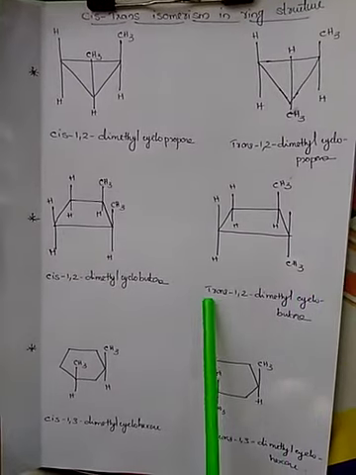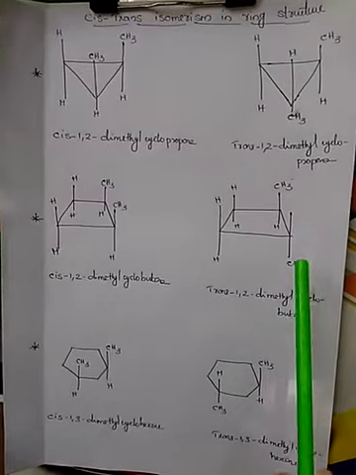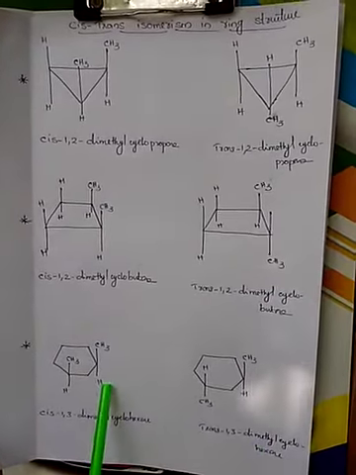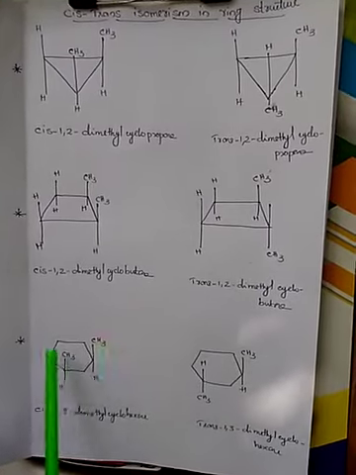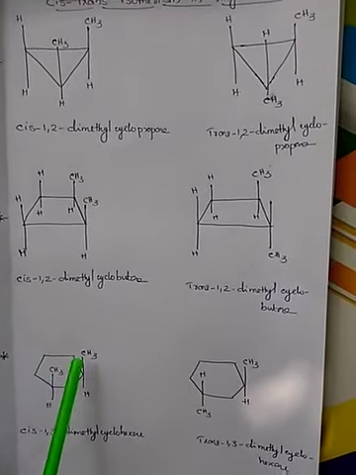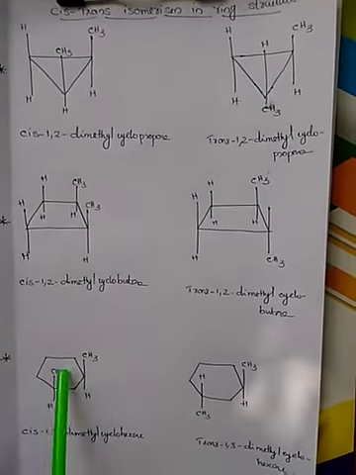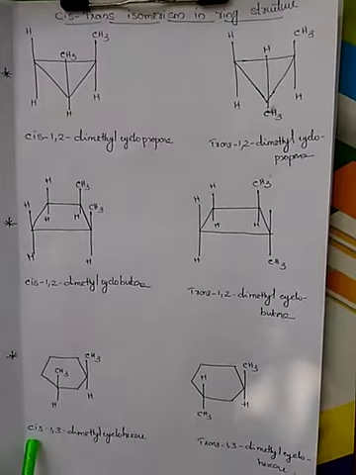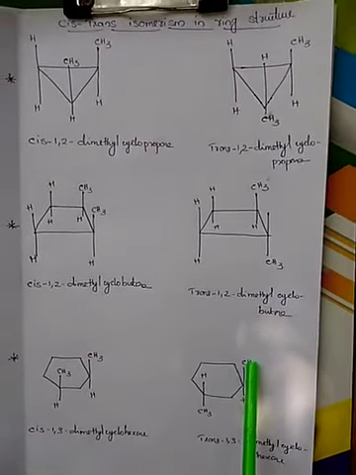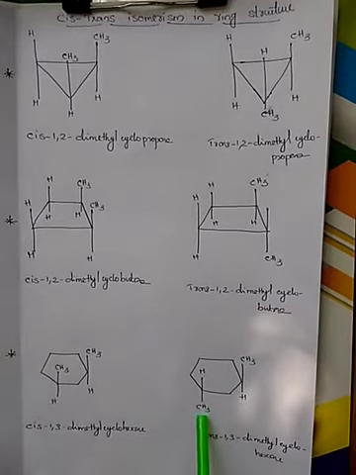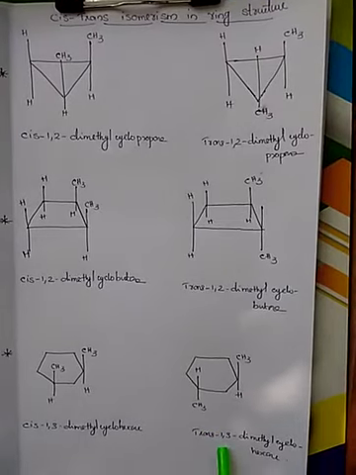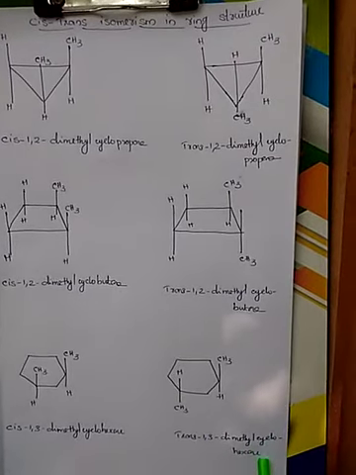That's why it is known as trans-1,2-dimethylcyclobutane. In the same way, in the case of cyclohexane, the CH3 groups are situated on the same side of this ring, with H and CH3. That's why it is known as cis-1,3-dimethylcyclohexane. And when the CH3 groups are situated on opposite sides, it is known as trans-1,3-dimethylcyclohexane.